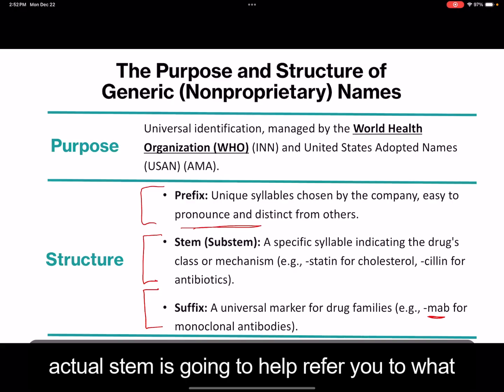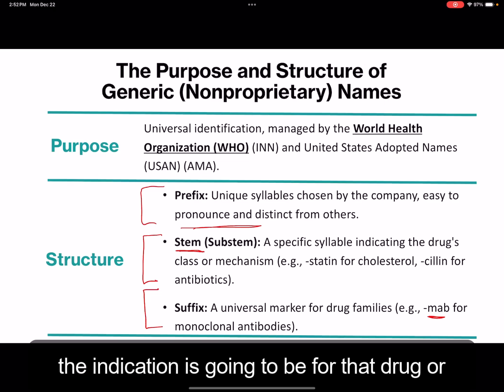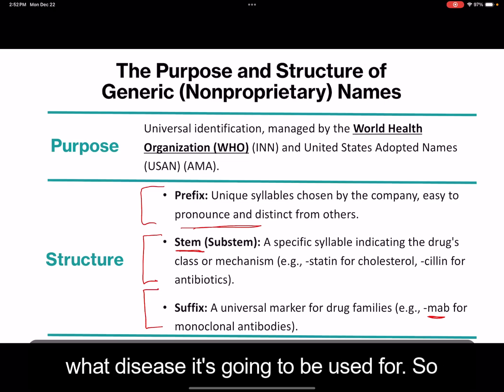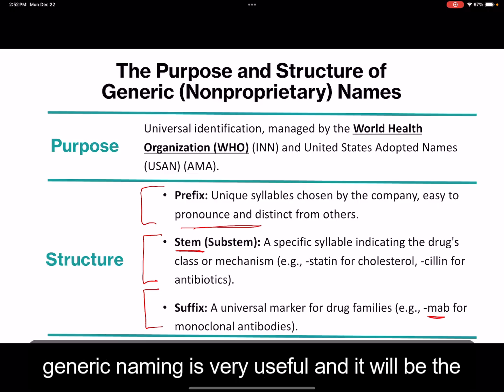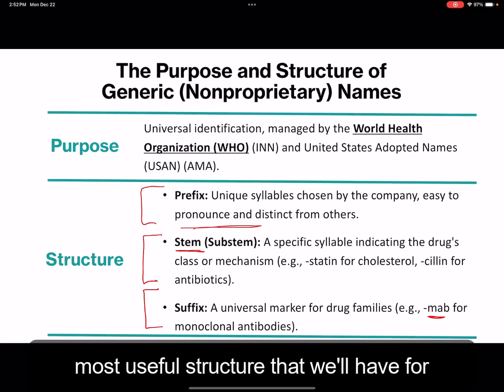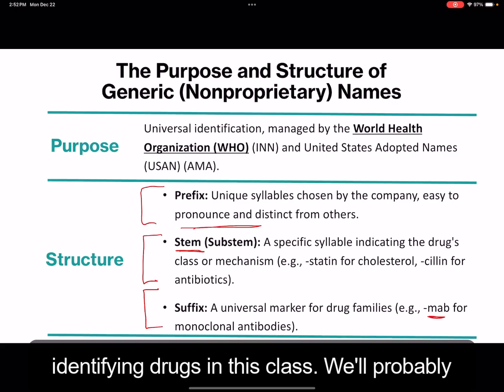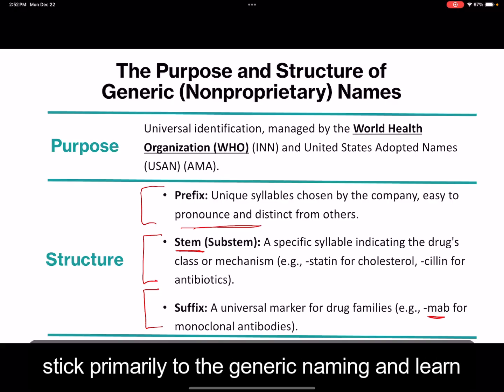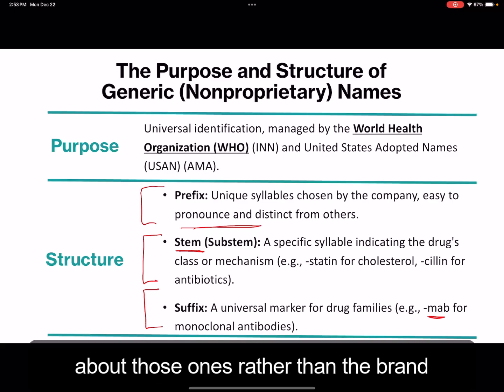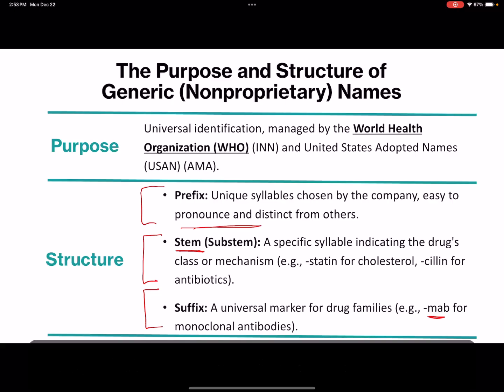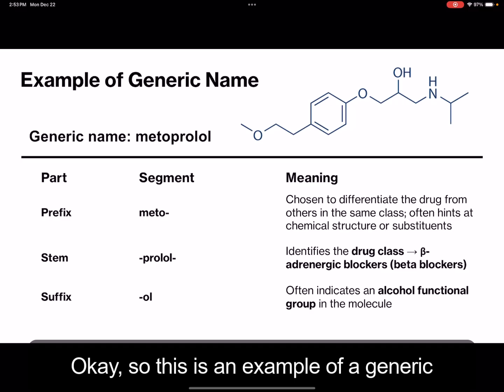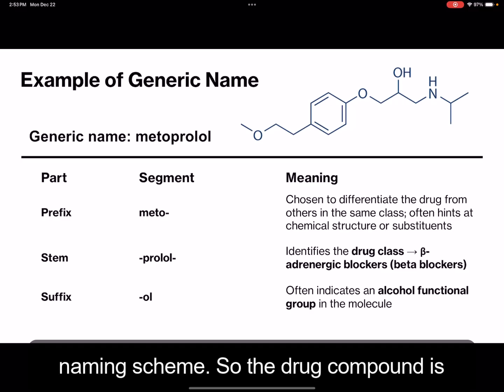But the actual stem is going to help refer you to what the indication is for that drug or what disease it's going to be used for. So generic naming is very useful, and it will be the most useful structure that we'll have for identifying drugs in this class. We'll probably stick primarily to the generic naming and learn about those rather than the brand names.